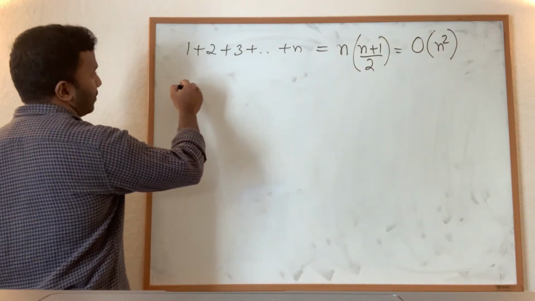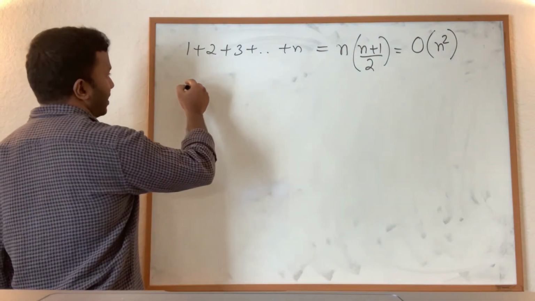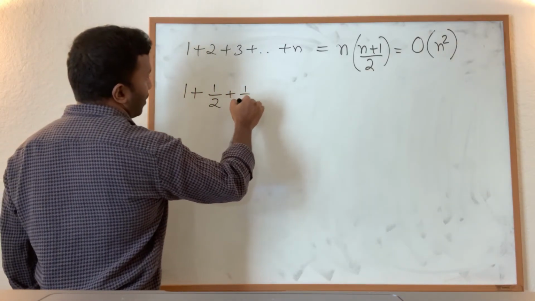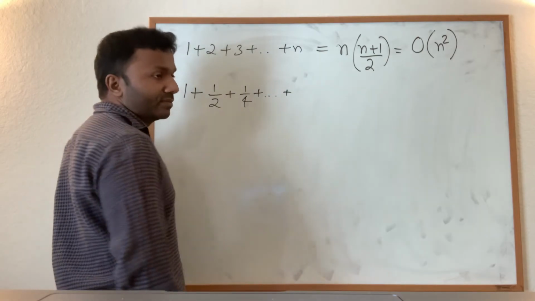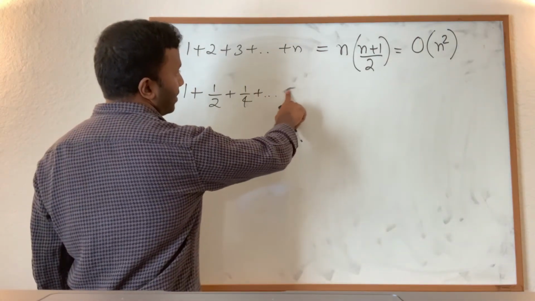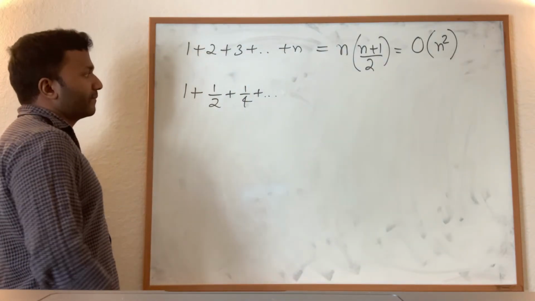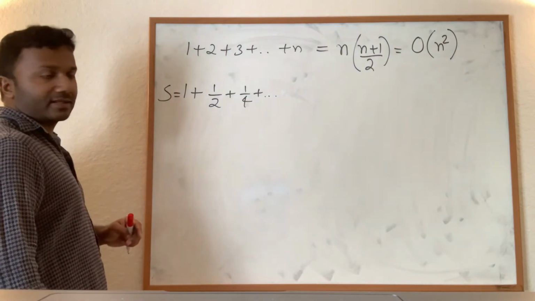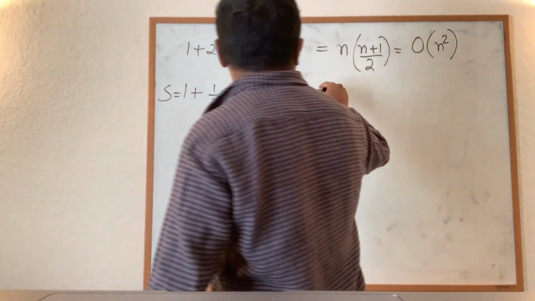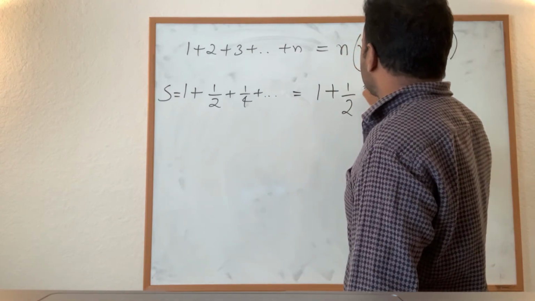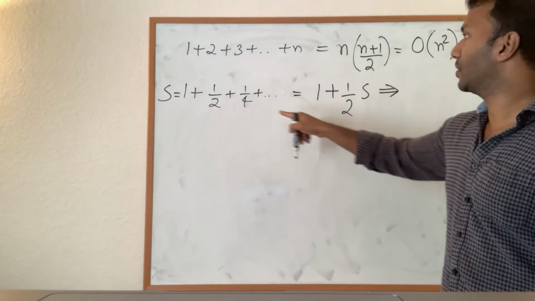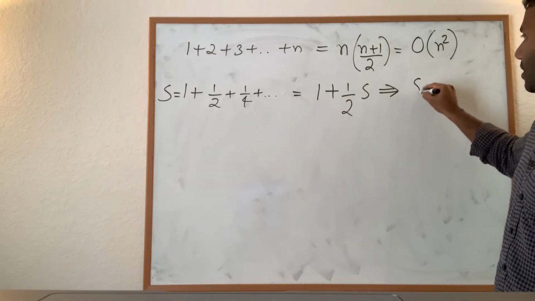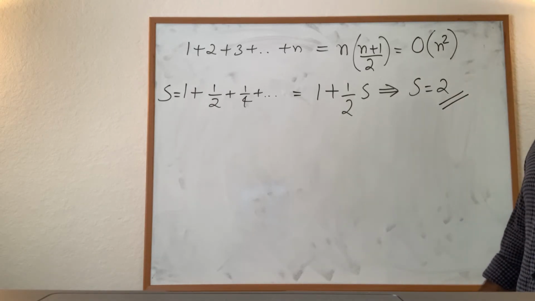What about this? How to sum up something like this? 1 plus 1 over 2 plus 1 over 4 plus etc., up to, let's say, infinity. What we can do here is call this s, and you can write this as 1 plus half into s, which means 2 times s is equal to 2 plus s, or s is equal to 2.